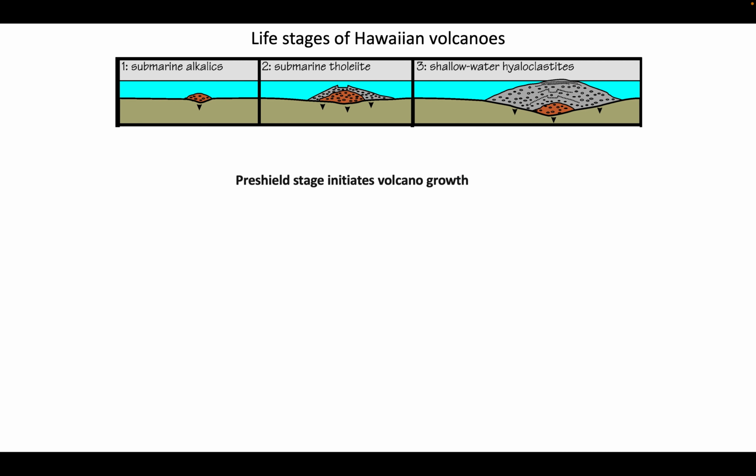Looking at the life stages of Hawaiian volcanoes in more detail, the pre-shield stage initiates volcanic growth, so stages 1 to 3. The initial stage of volcano growth is a submarine pre-shield stage characterized by infrequent small volume eruptions.